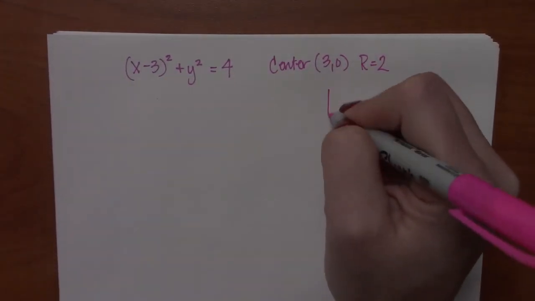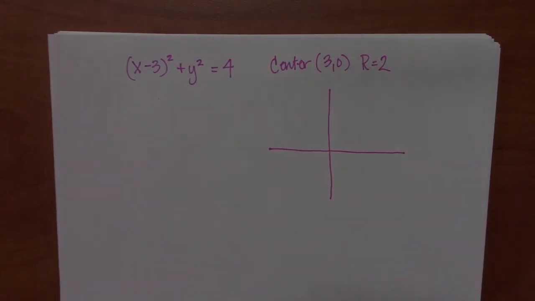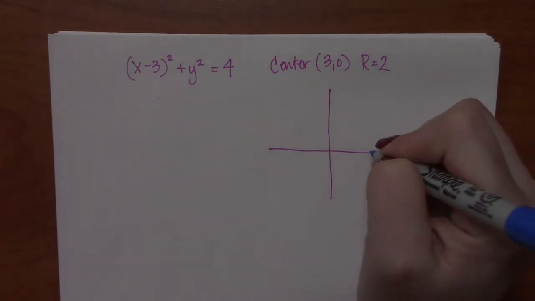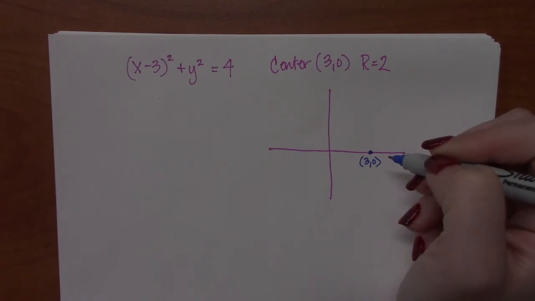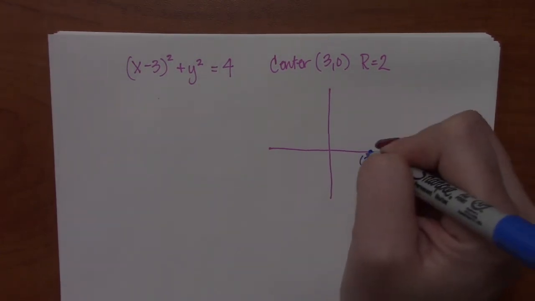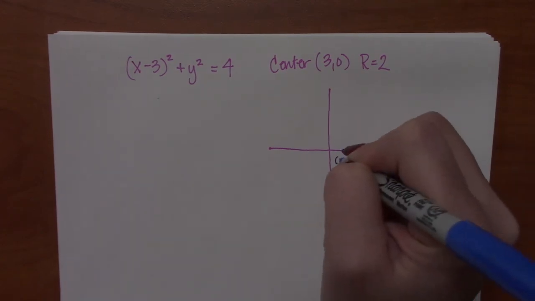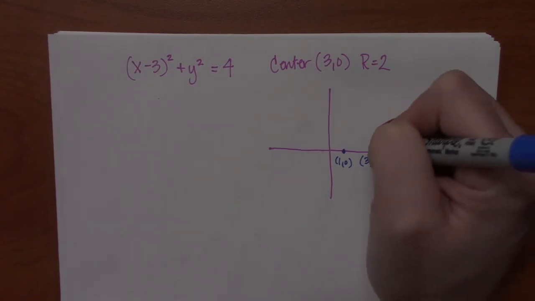So if I wanted to plot this circle, I could say, well, I need to have the center over here at 3, 0. The radius is 2, so if I count out 2 in all 4 directions, this is going to put me at 1, 0. Then we go 2 over here, I'm at 5, 0.